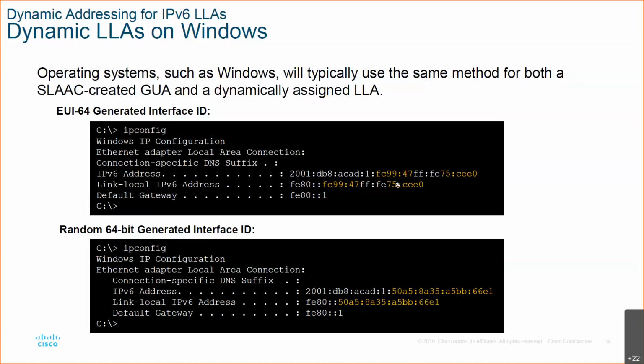Can you see the similarity? Why? Because both of them have been generated from EUI64. That means the host portion has come from the MAC address.